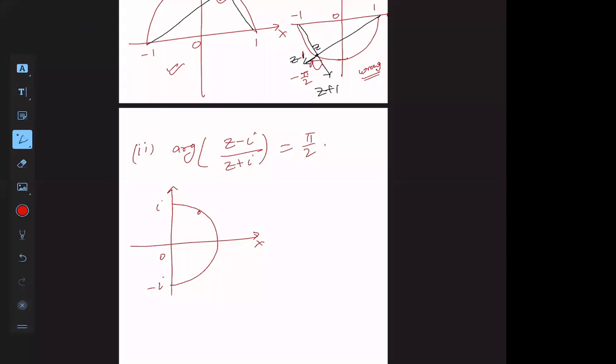Let's say take any point z here. If you join it, this vector will become z plus i and this vector will become z minus i. So I have to rotate z plus i to form z minus i in the clockwise direction. So basically this one is the locus of this. Understood?